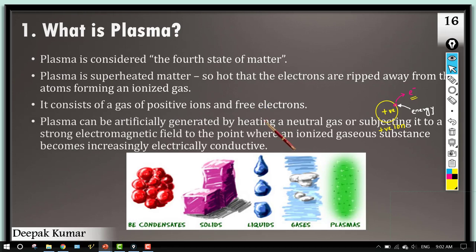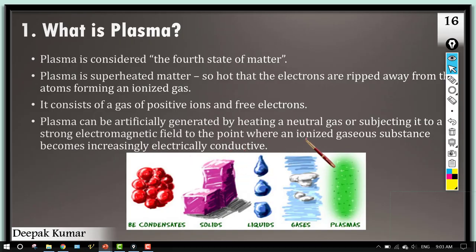Plasma can also be generated artificially. It is generated when a neutral gas is heated and subjected to a strong electromagnetic field, to the point where an ionized gaseous substance becomes increasingly electrically conductive.